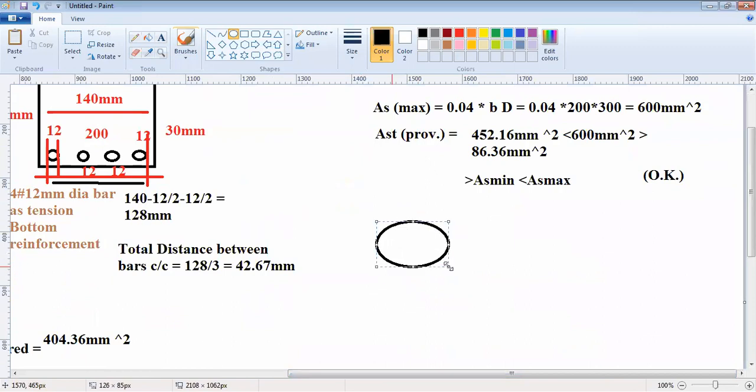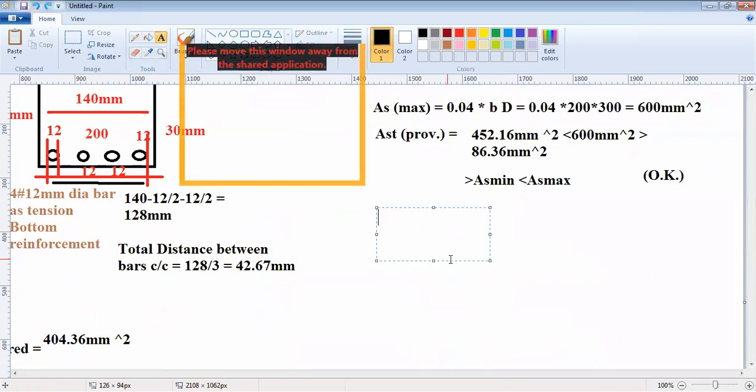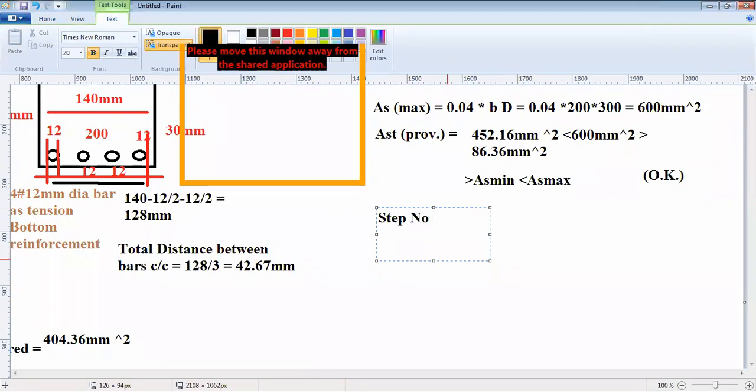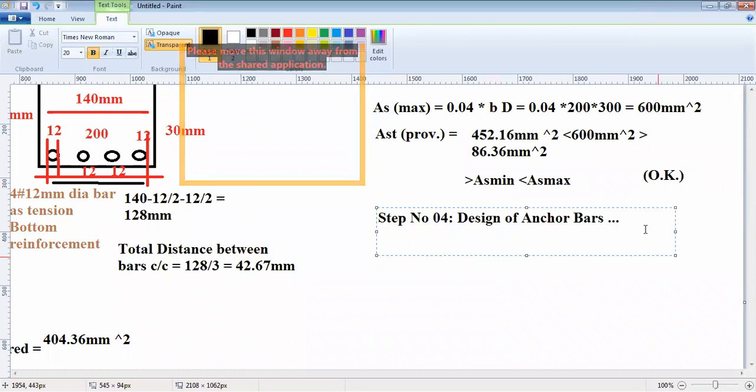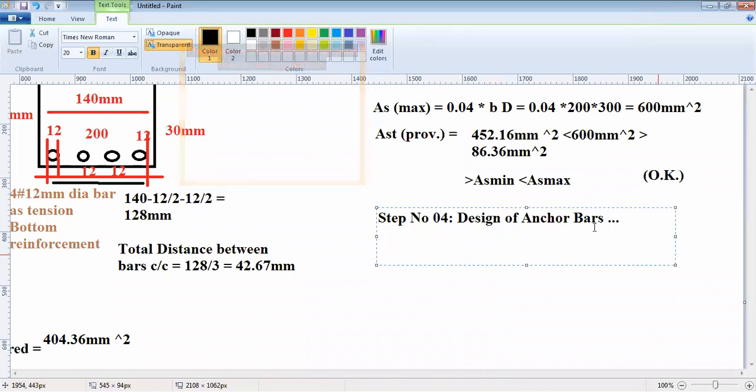Next, step number 4. Design of anchor bars. तो anchor bars किस पे depend होगा? The design of the anchor bars, it will be based on the minimum reinforcement that you require.